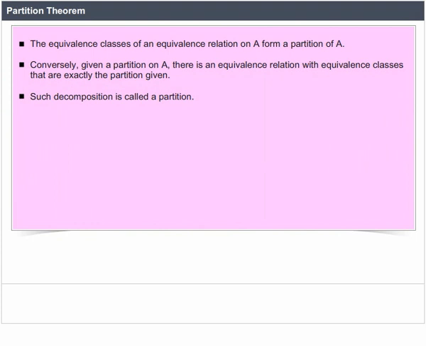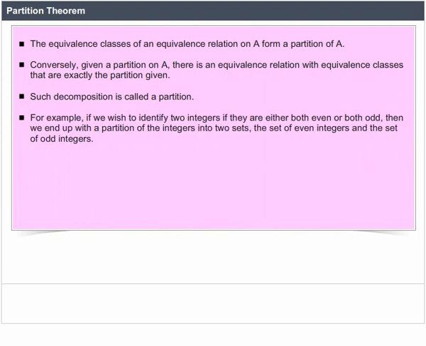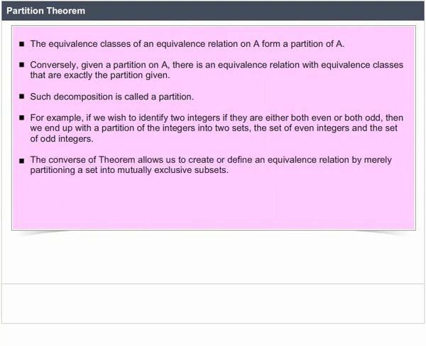For example, if we wish to identify two integers if they are either both even or both odd, then we end up with the partition of the integers into two sets, the set of even integers and the set of odd integers. The converse of the theorem allows us to create or define an equivalence relation by merely partitioning a set into mutually exclusive subsets.